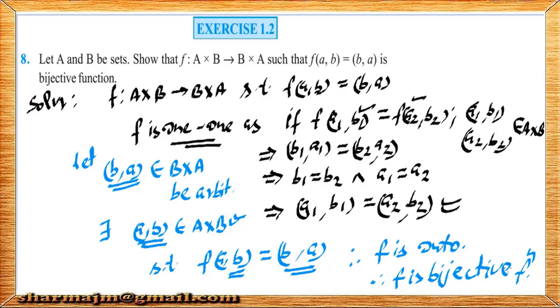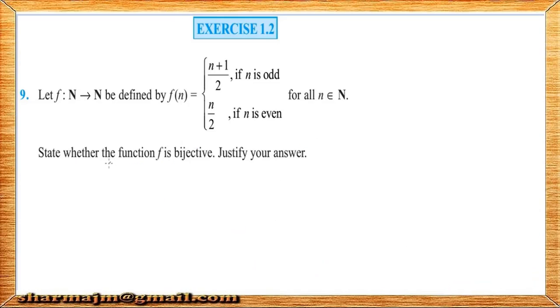Next, question number 9. f is a function from natural number to natural number such that f of n is (n plus 1) by 2 when n is odd and n by 2 if n is even, and that is true for all natural numbers. So let us make its diagram, and we will see whether this function is 1-1 and onto, that is bijective function or not.